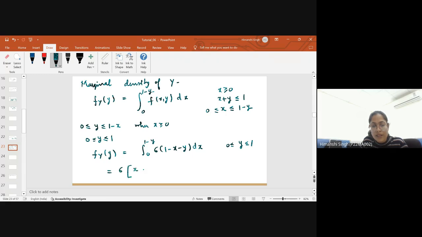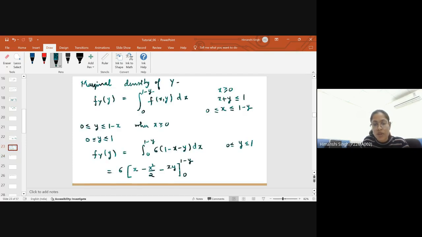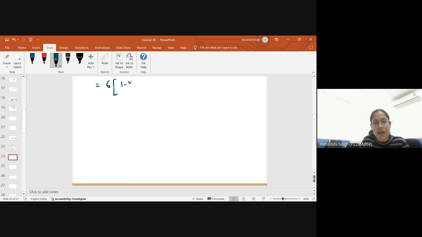Integrating with respect to x, it will be x square by 2 minus xy, from 0 to 1 - y. The lower limit gives 0 because all the terms are 0. For the upper limit, we get (1 - y) minus (1 - y) whole square by 2.